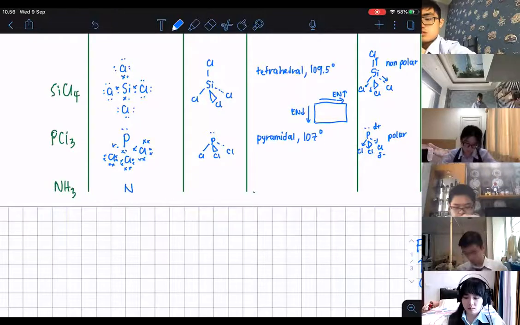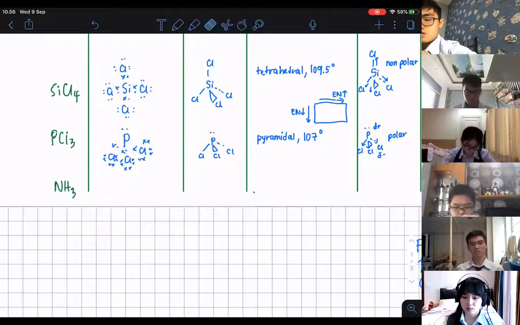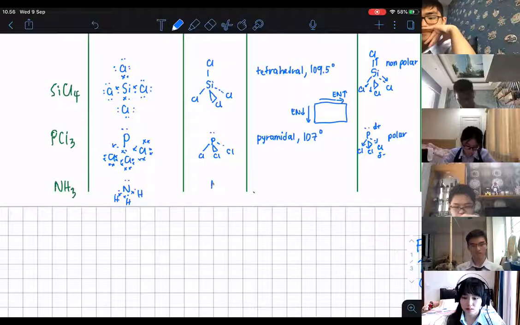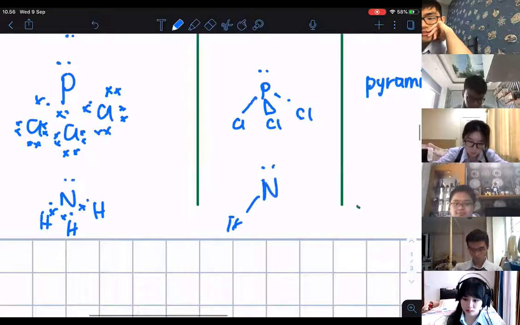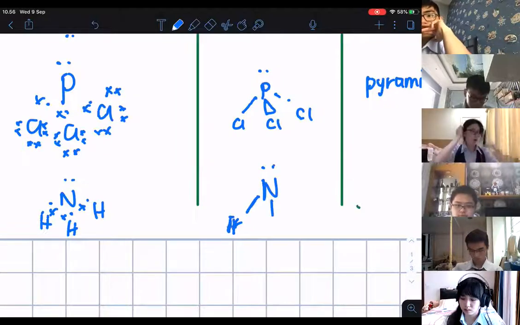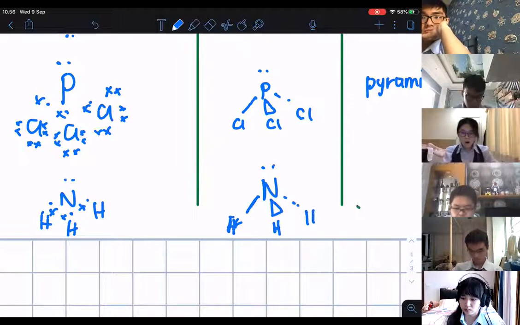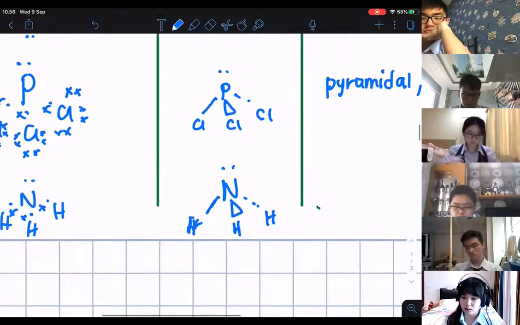So here is ammonia, similar to your question just now. If you have N, then you have H, H, H. Since we want the cross dot diagram, you will have nitrogen and then H, H, then H. I will draw it like this: nitrogen with one H, and a dotted line to H. This is to show it's going to be a 3D diagram, so I don't use the same lines.